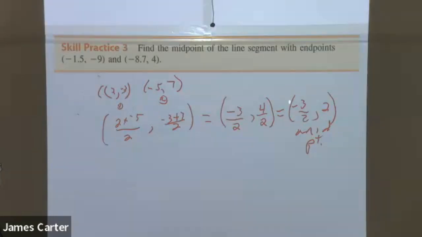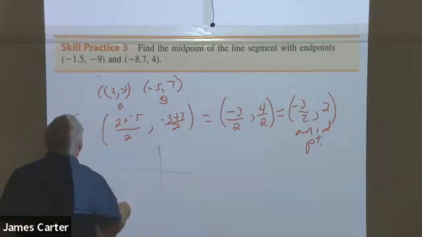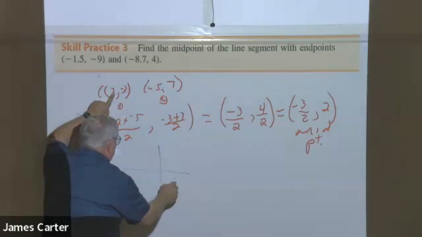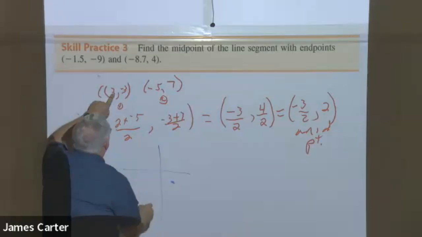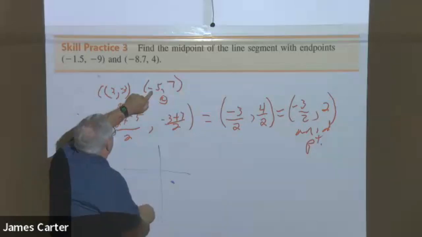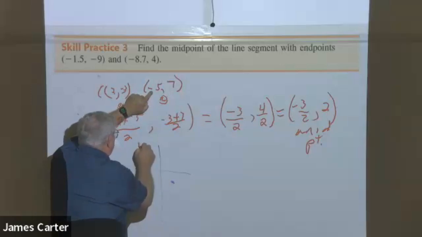So anyway, here's my point after I simplified that fraction. -3, 1, 2, -1, 2. -5, 7, 1, 2, 3, 4, 5, and up 7, 1, 2, 3, 4, 5, 6, 7.